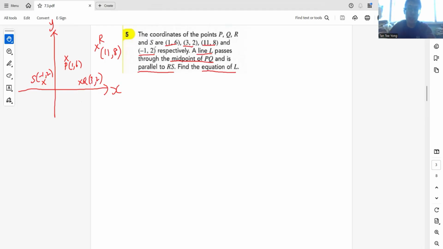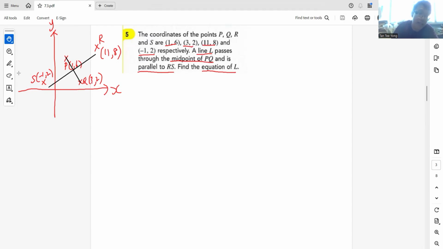Basically, they say a line L passes through the midpoint of PQ. That means we have to draw the line PQ first. Let me change to another color. So line PQ is like that. Then they say line L passes through the midpoint, so let's assume L is like that.